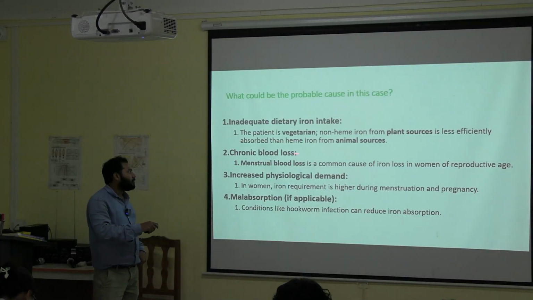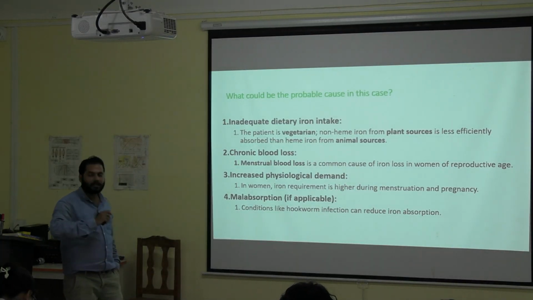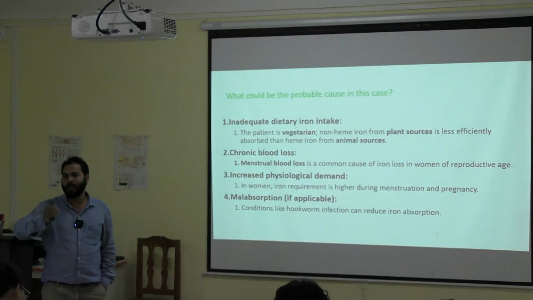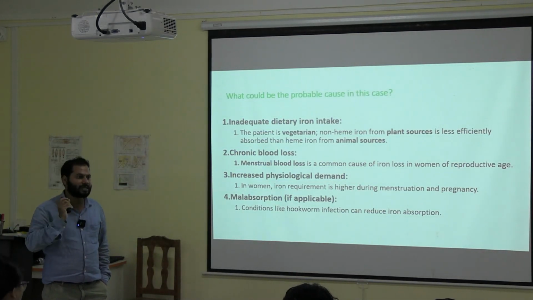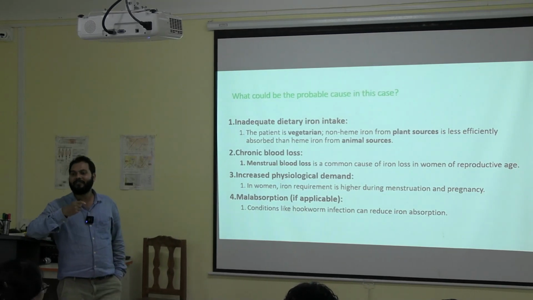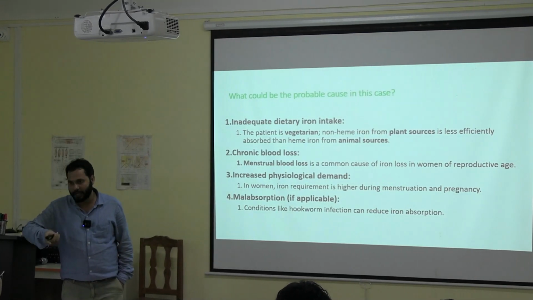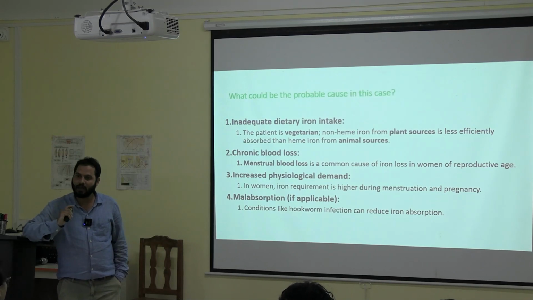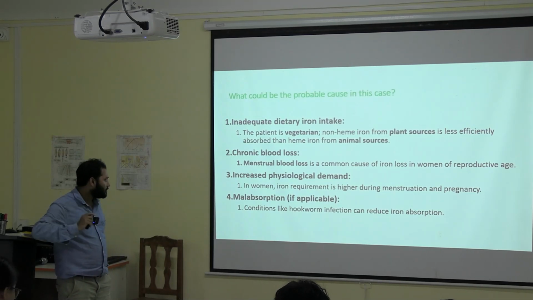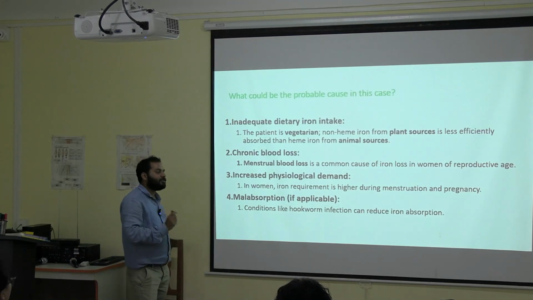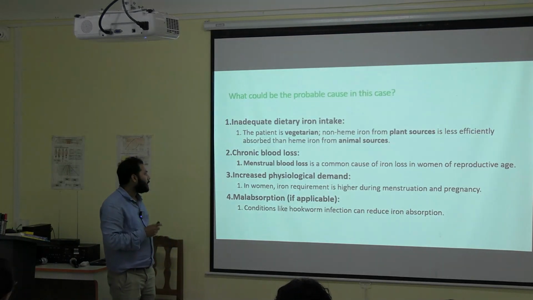Another important point we have already mentioned is the persistent blood loss for 7 to 8 days in every menstrual cycle. That also affects the overall iron content in the body, and ultimately it will affect the synthesis of blood hemoglobin. Another important point is increased physiological demand.